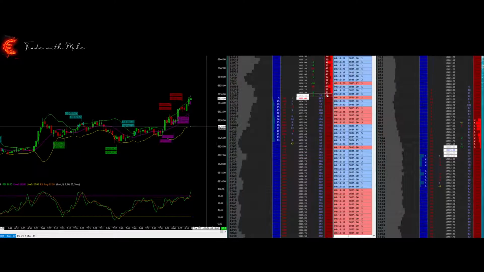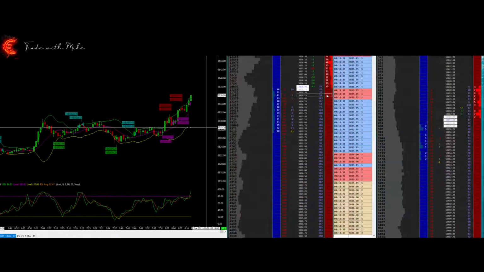35, 35, 25. Let's see what the candle will do. There are still buyers.